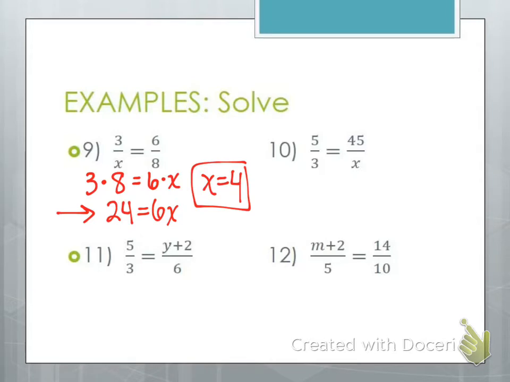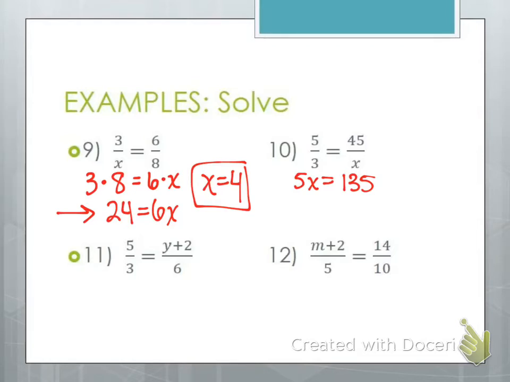So on number 10, we're going to multiply 5 times x. 5 times x is 5x. We set it equal to 3 times. What does 3 get multiplied by? 45. What's 3 times 45? 135.